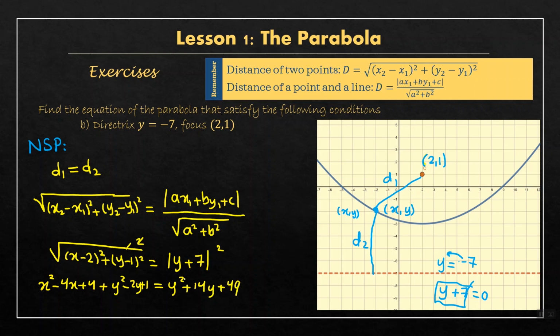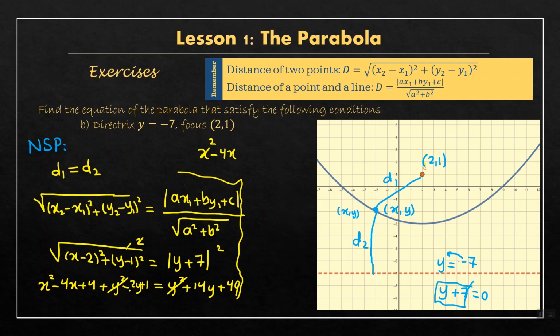What gets cancelled now? You see y squared cancels y squared. So you still have x squared. So I'll have x squared minus 4x. I have a positive 14y here. I will move it to the other side. It will be negative 14.